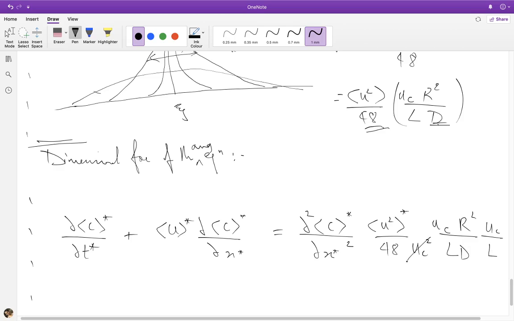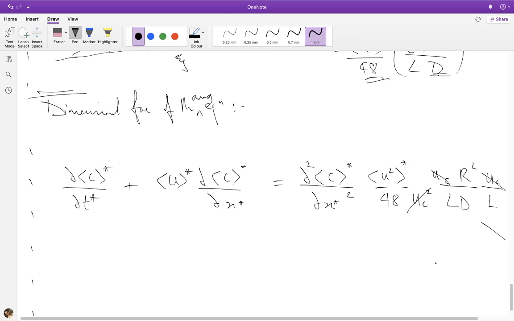Right, so now I can cancel off these UCs, they just fall off quite nicely, and so what I'm left with now is a dimensional form of an advection diffusion equation with an effective diffusion or dispersion coefficient in dimensional form. Oh, sorry.